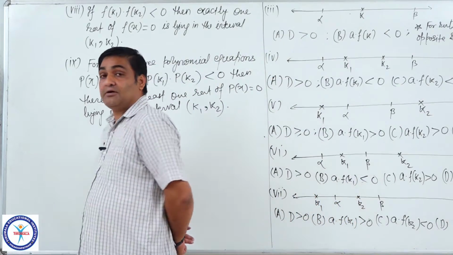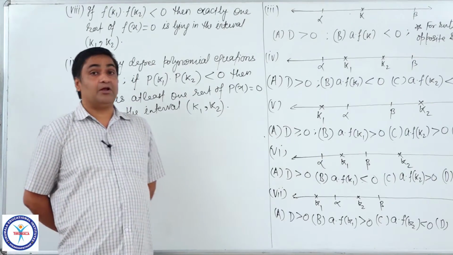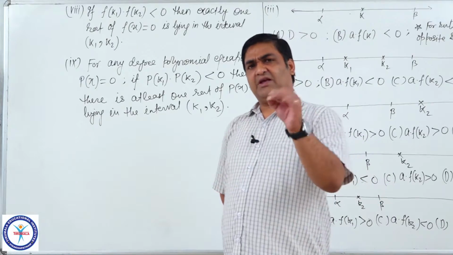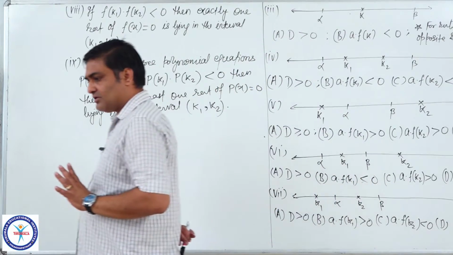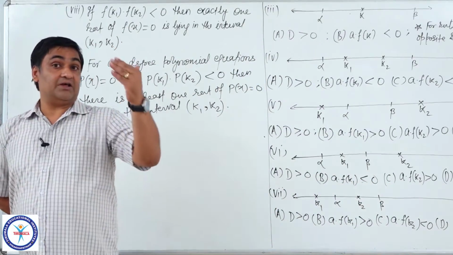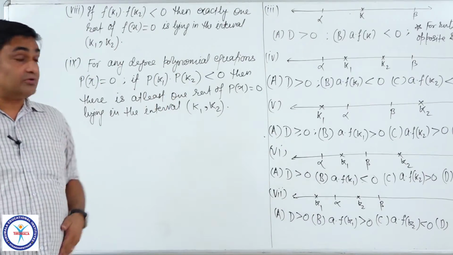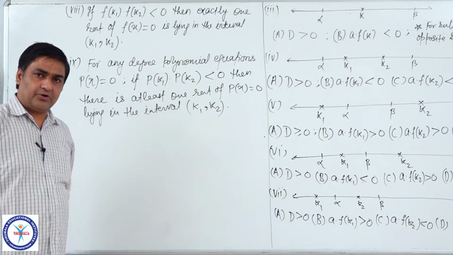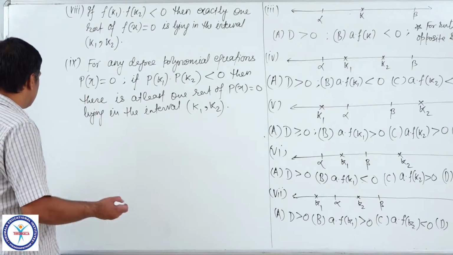But the exact number of real roots, this continuity theorem does not tell us. We can say there will be a root, but whether there are 3, 5, 4 or 6 roots, no. At least one root should be there.